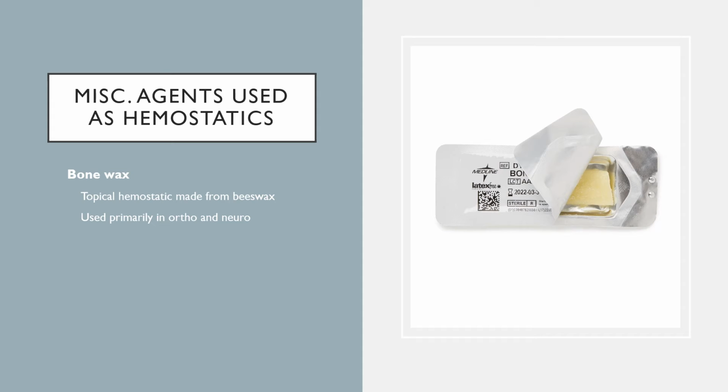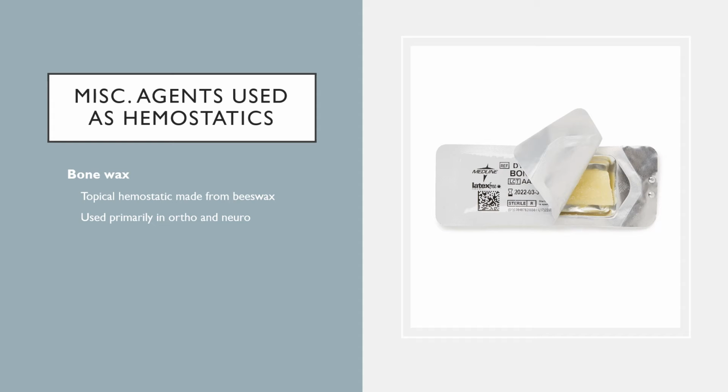And then we have just a few miscellaneous agents that are used as hemostatics, the first one being bone wax. This is a topical hemostatic. It's made from beeswax. It is used primarily in ortho and neuro cases because we're usually, as it states in the name, putting it on bone. It acts more as a barrier than a hemostatic, but it does plug up some of that porous bone tissue that sometimes gets exposed.